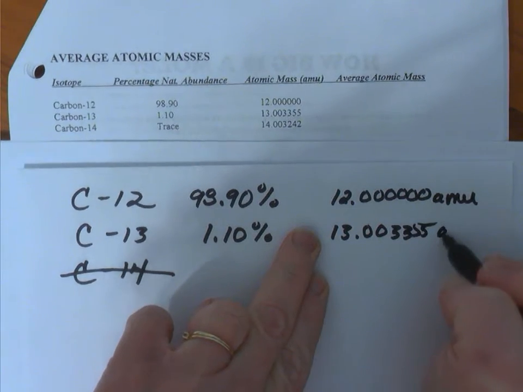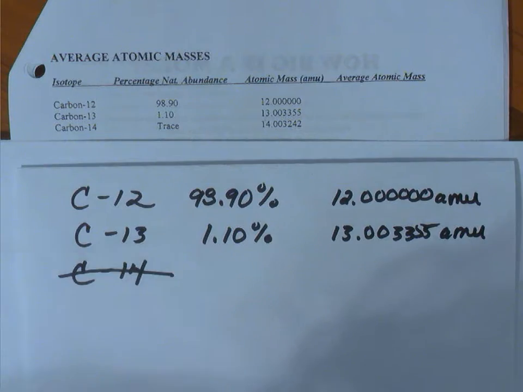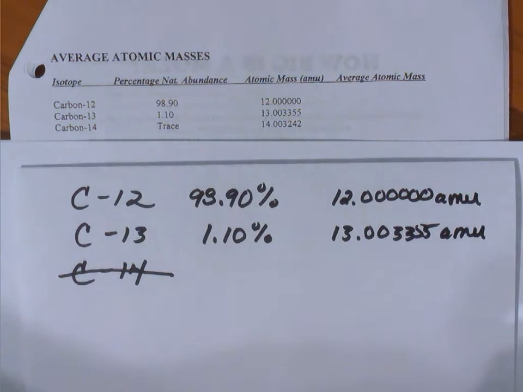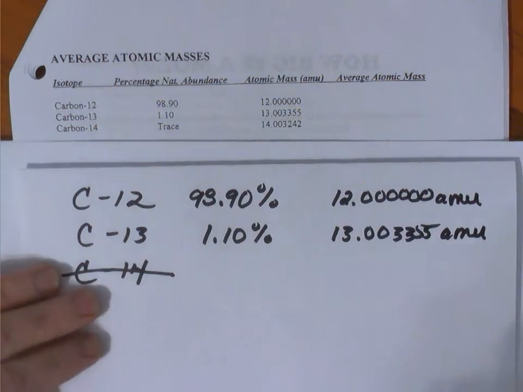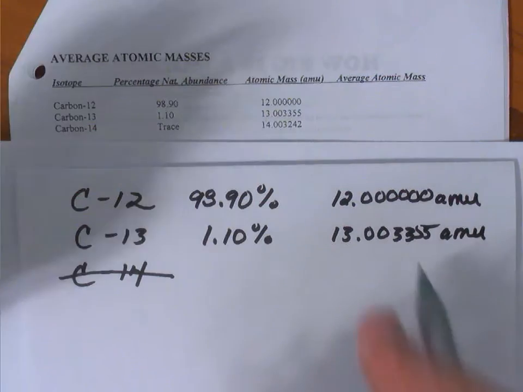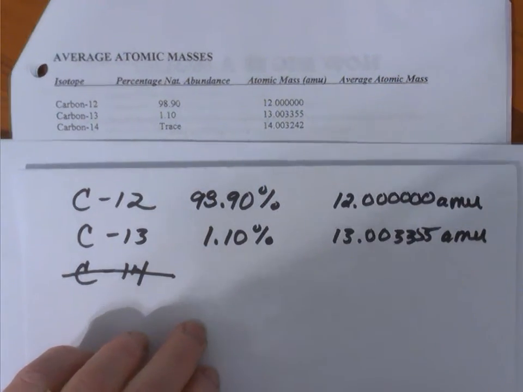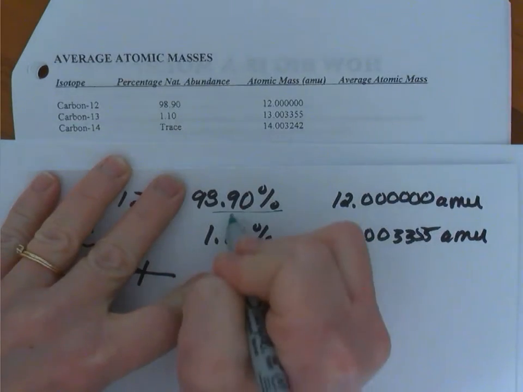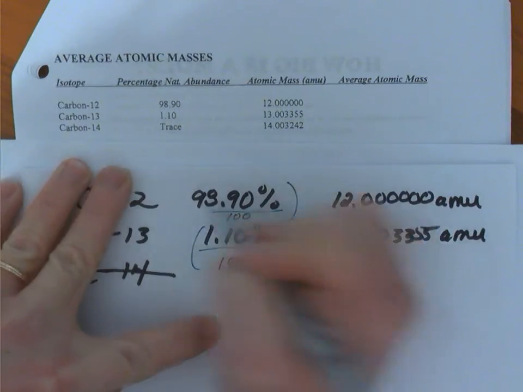okay. So if we were given this information, how would we find the average atomic mass, a weighted average? Well, first, we know that mathematically, we can't do further math when we're given a value as a percent. So the very first thing we have to do is undo the percent, or divide each of these by 100.